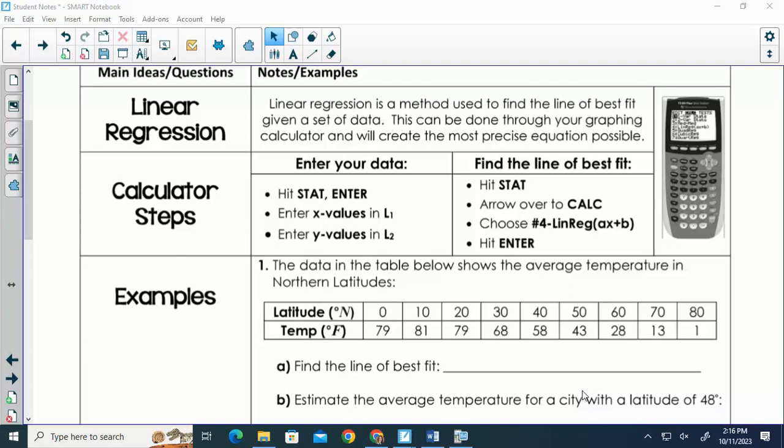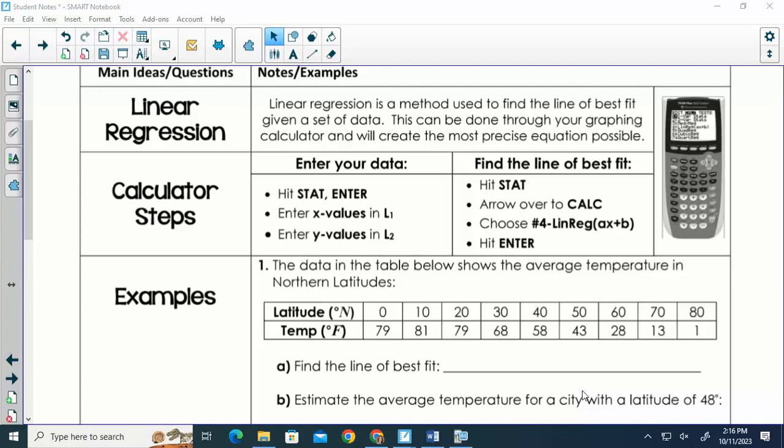So there actually is a process for doing this, and we are going to have our calculator do all the hard work for us. So we just have to know how to use the calculator. However, like I already said, it's easy to mess things up so that it won't work. So I need you to be very careful on this.